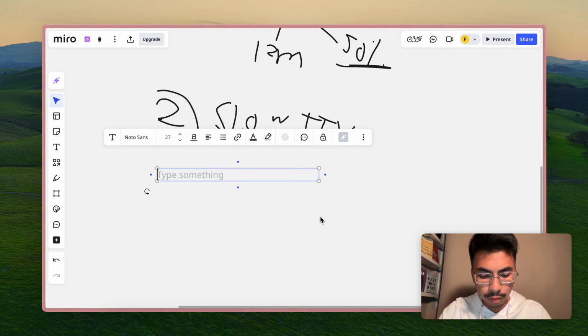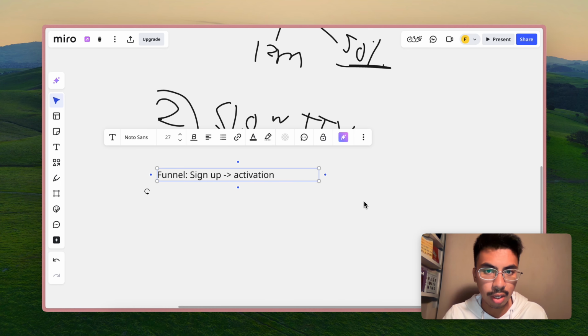So to put it into a funnel, the process literally looks like this: upon sign up, we would want to say, activation. This is the first step that we should face as a user, to activate a small win. The keyword here is a small win. It doesn't have to be anything crazy or fancy.